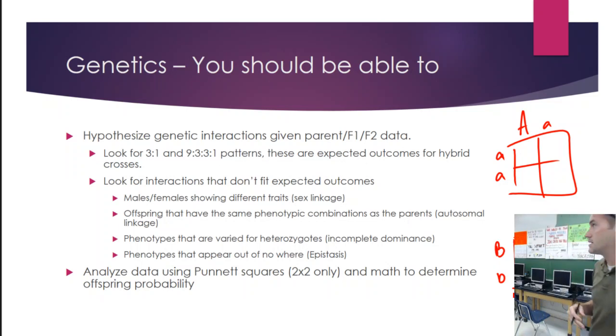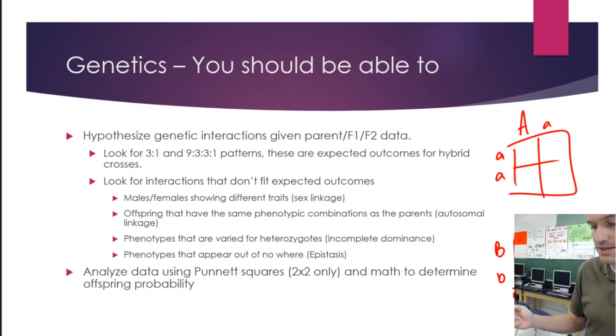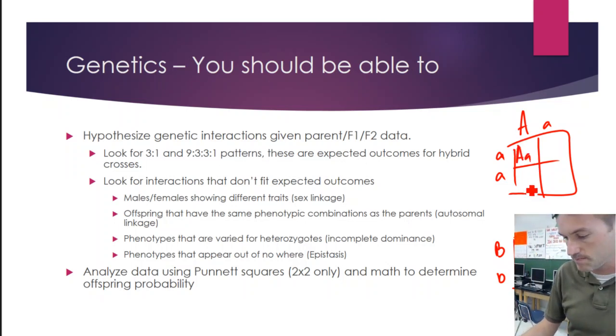And then you get asked, what percentage of the offspring would we expect to have the dominant A trait and the recessive B trait, right? Dominant A trait, recessive B trait. So we'd run these through.